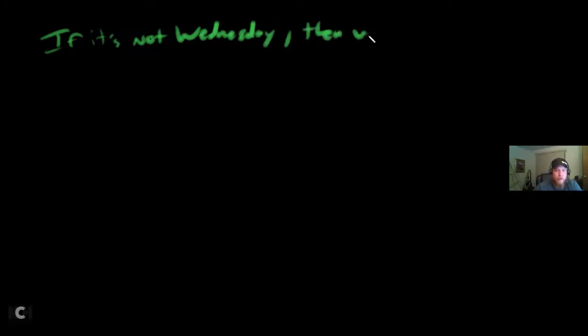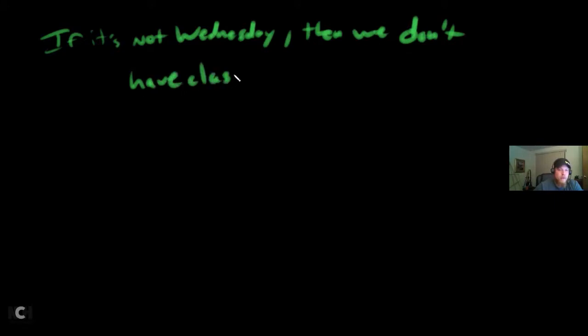Now, I also think it's important to say at this point that negations stick with the stuff that we've already been doing. So if I say something, for example, like, if it's not Wednesday, then we don't have class.